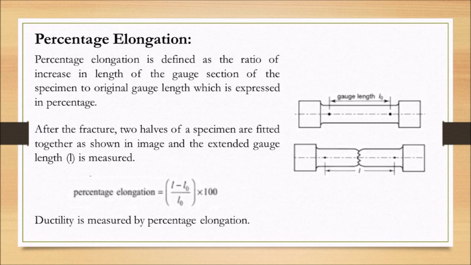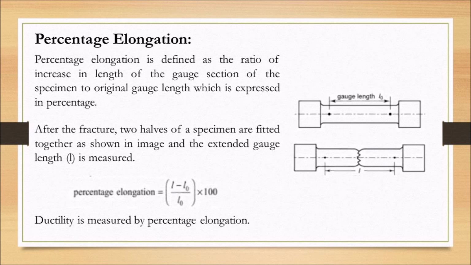Now let us see another important parameter, that is percentage elongation. It is the ratio of increased length of a gauge section of the specimen to the original gauge length, expressed as a percentage. After fracture, the two halves of the specimen are fitted together as shown in the image and the gauge length is measured.